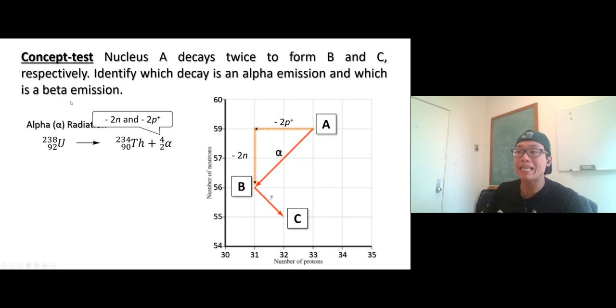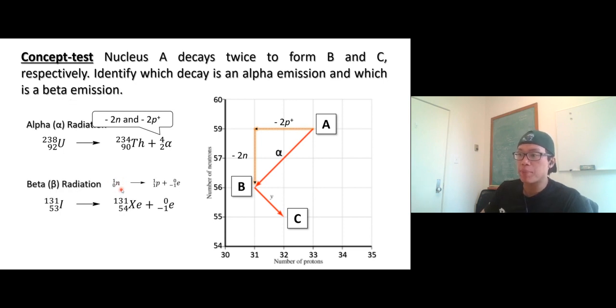Beta emission releases an electron from the nucleus. A neutron decays to become a proton and 1 electron, so we lose one neutron but gain 1 proton. See that? From B to C, we lose 1 neutron, 56 to 55, but we gain 1 proton, 31 to 32. That is a beta emission.